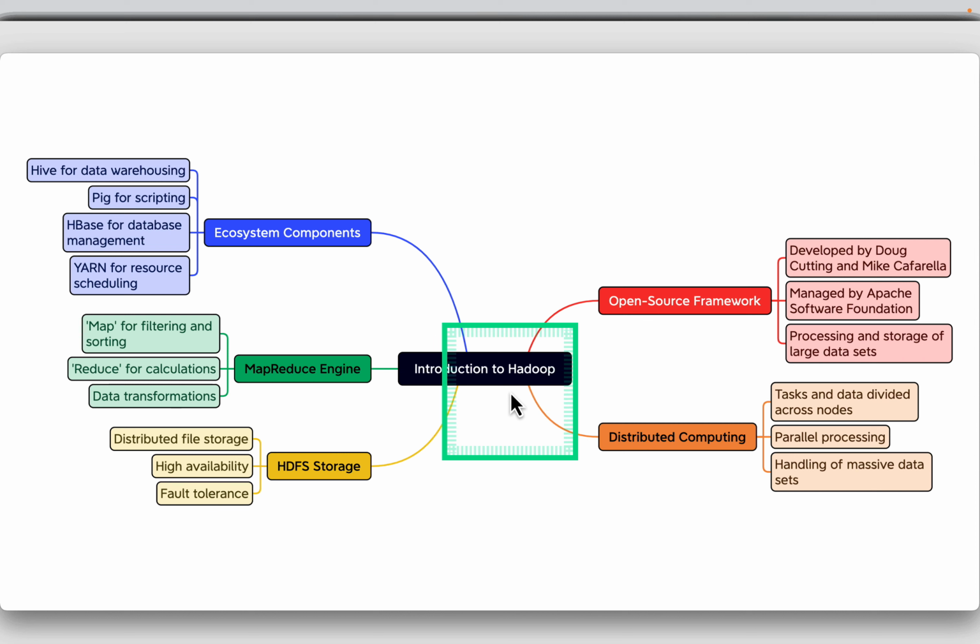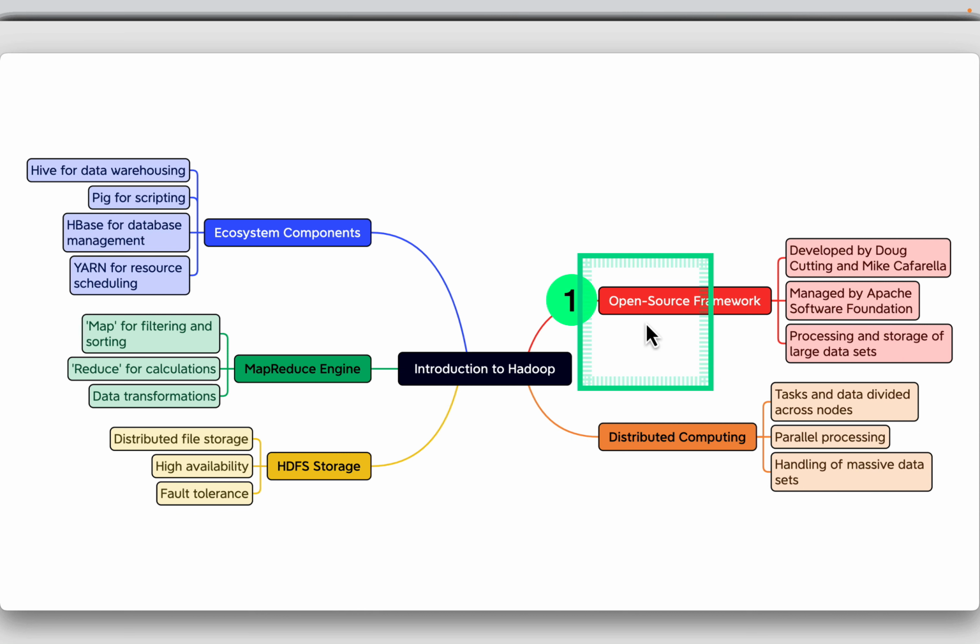Okay, next I'll just briefly talk about Hadoop because EMR is basically Hadoop services, Apache Spark and some other components, but Hadoop is important. So just to know about Hadoop will be good. Open source framework. Hadoop is an open source framework initially developed by Doug Cutting and Mike Cafarella, and it is now managed by Apache Software Foundation.